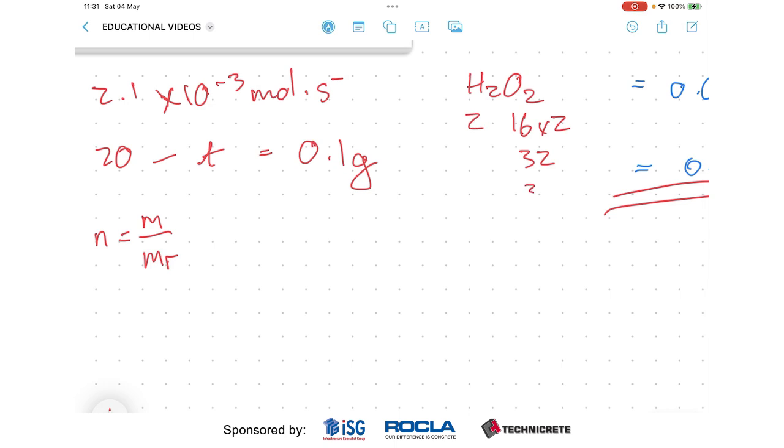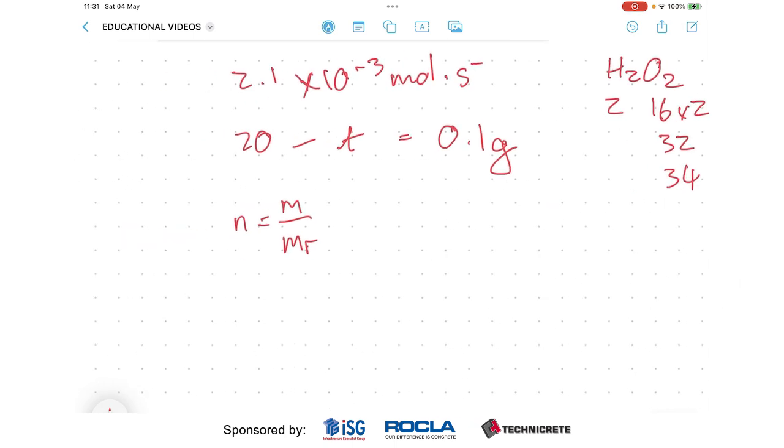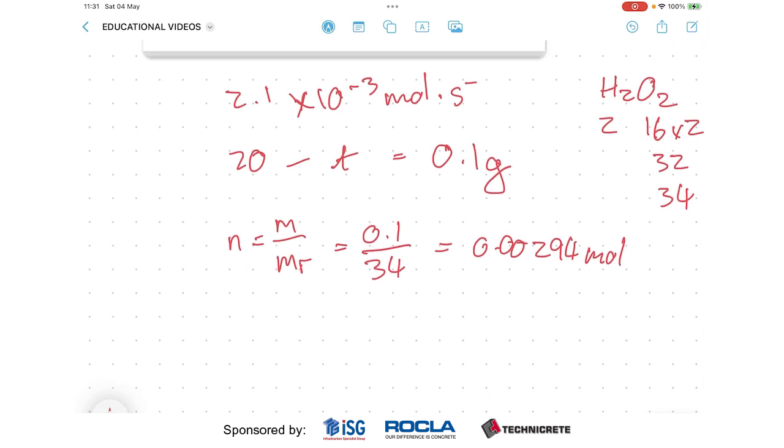That's 2, so that makes us 34. Okay. So here we have 0.1 over 34, which equals 0.00294 moles.